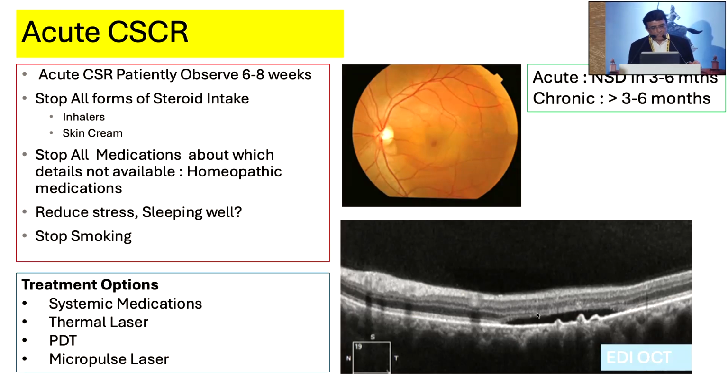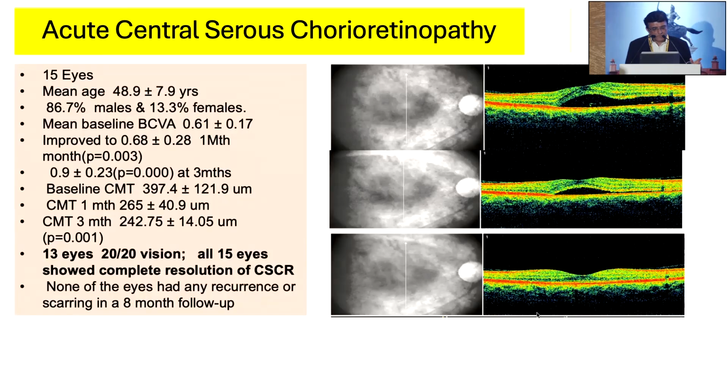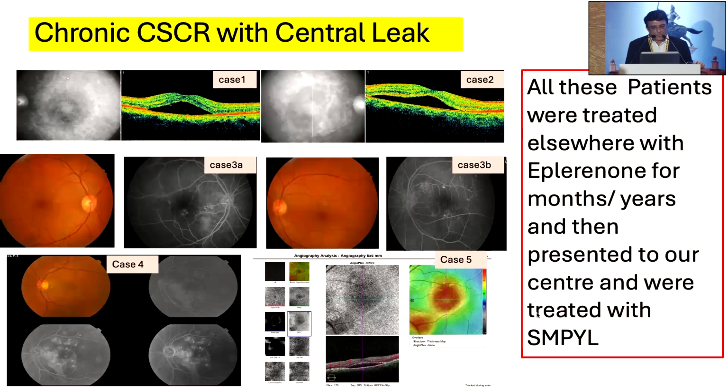So these are some of the acute cases where we have done and the patients have responded. This was a series of 15 eyes we did in acute CSCR, and all of them responded with micropulse laser. These were just a small study that was done. I do not recommend micropulse laser in acute CSCR. So these are various cases of chronic CSR I'll be showing you.